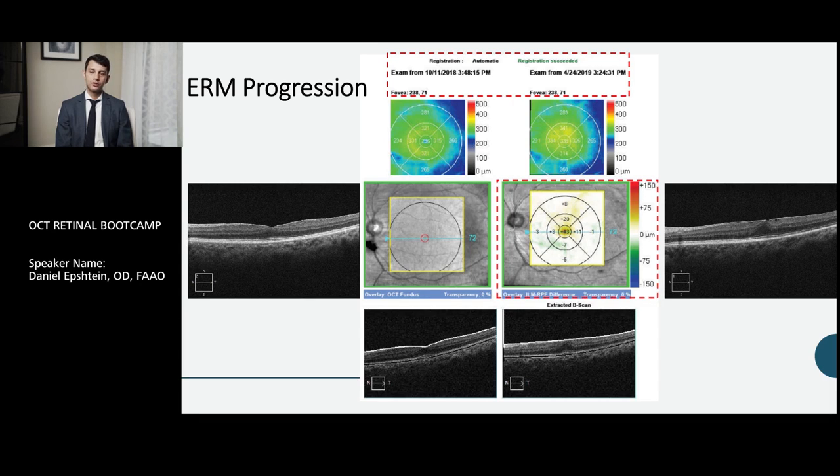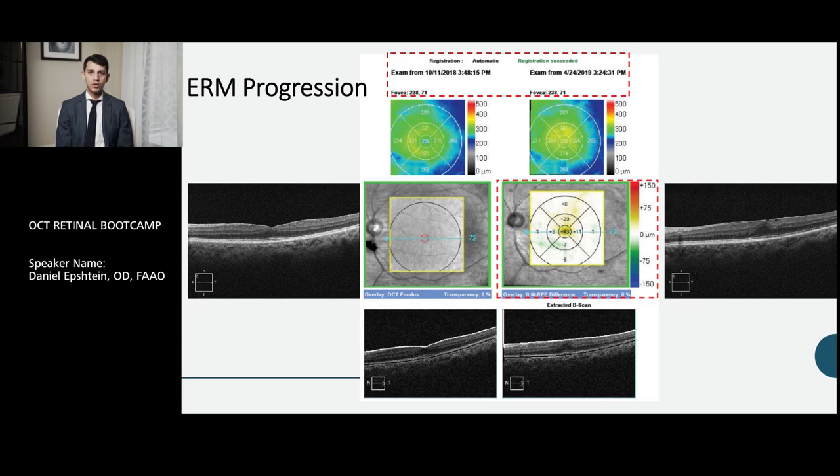What I like about the ZEISS is that they also have this nice progression map where you can pick two different OCT scans and it'll actually show you the difference between them. Of course we want to make sure we have the correct dates and that the scans are actually registered, so point to point they're going to correlate. And then we can see on this map that it's actually thickening centrally, which is correlating with the changes in the ERM where it's growing and putting more traction on the retina.